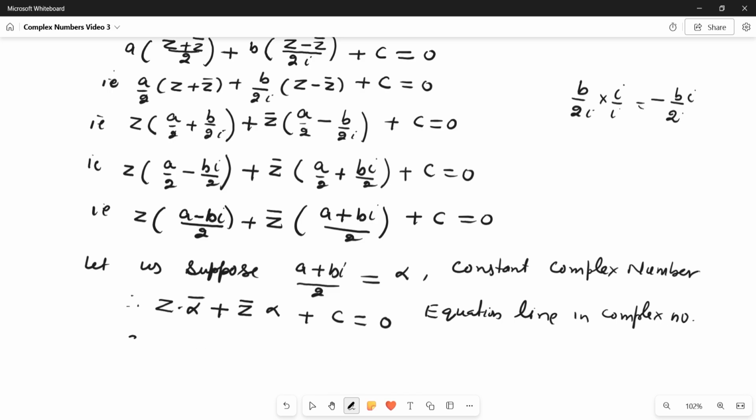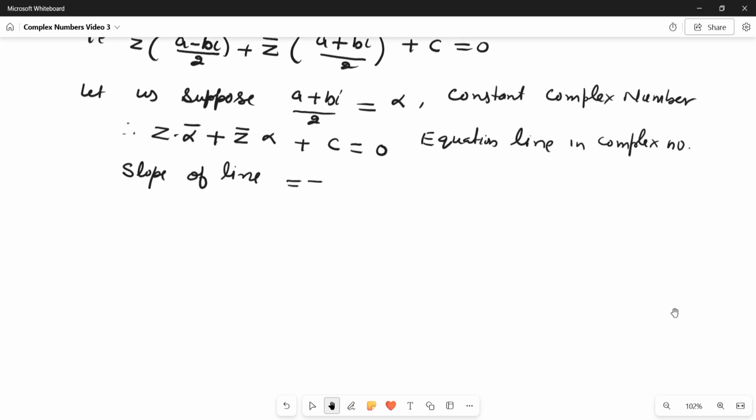Now see the slope of the line. Slope of the line is equal to minus alpha upon alpha bar.